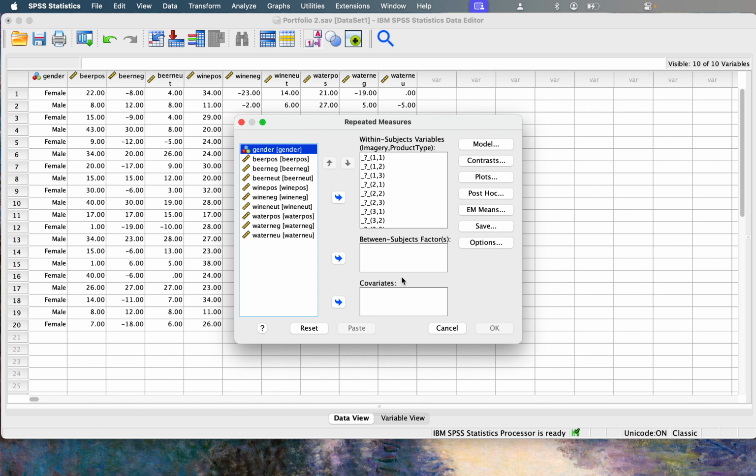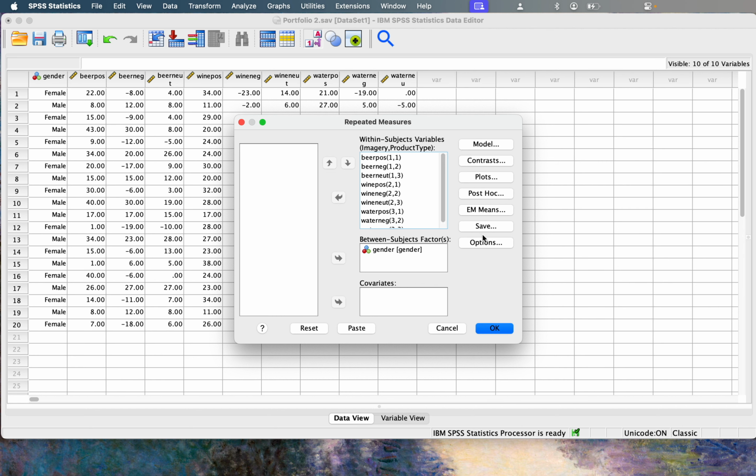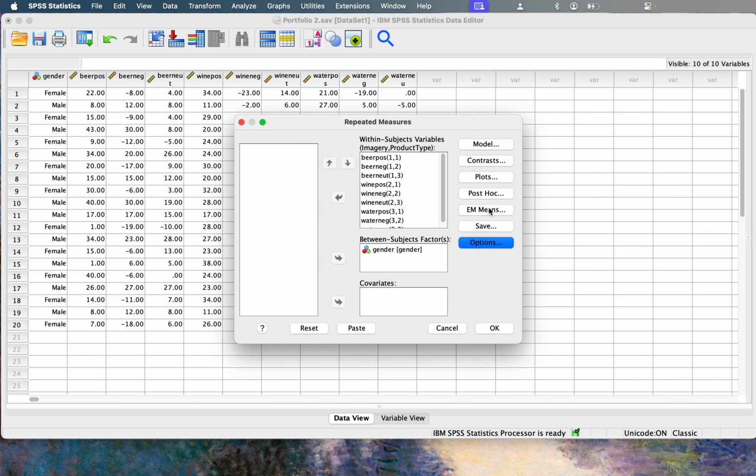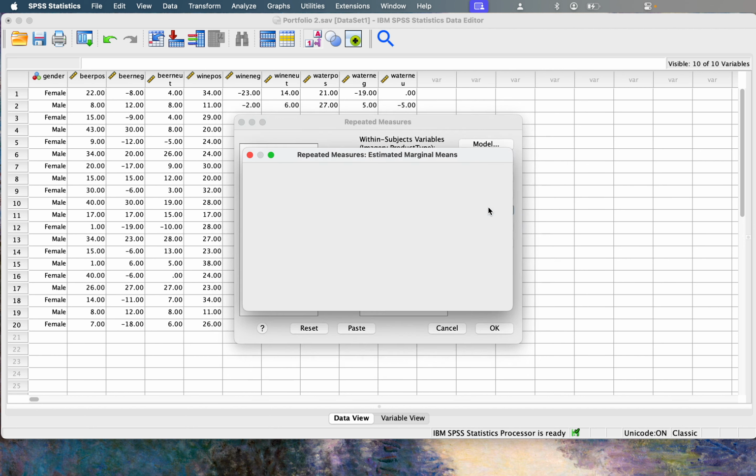Click Define. We want to bring gender down into the between subject factors. We're going to select all of these, and we'll move them over using this little blue thing. Then we're going to press Options.